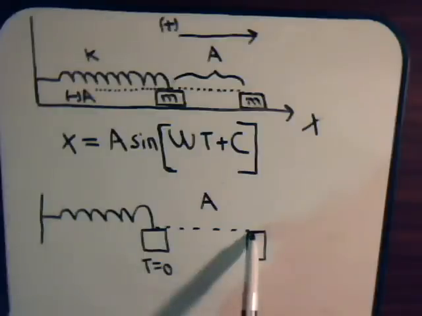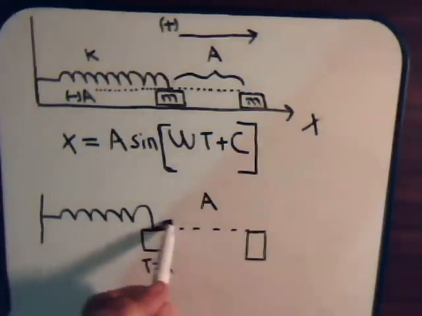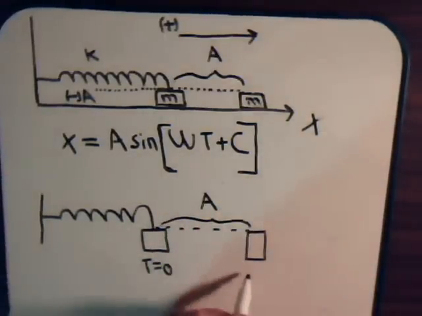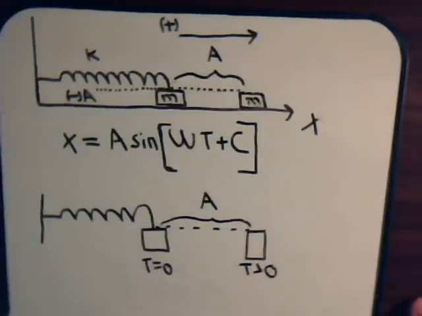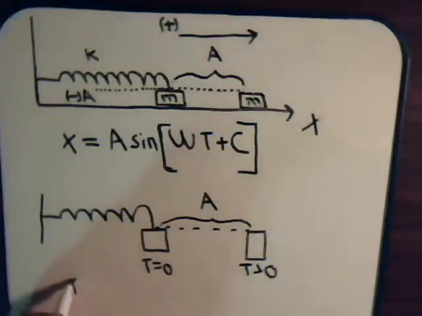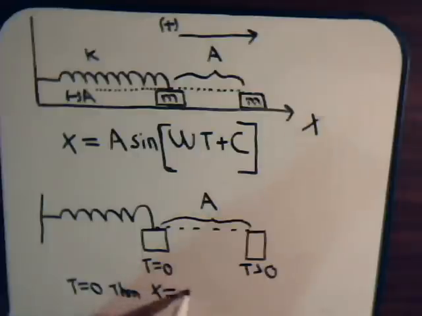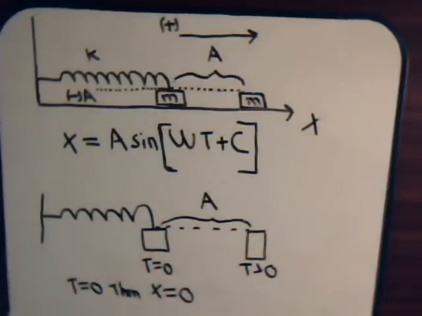So by the time the block gets over here to position A, that's going to be at some time greater than 0. So the way that we set up the initial conditions, we're saying when t equals 0, x equals 0, because there is no displacement here. The spring is neither compressed nor extended.